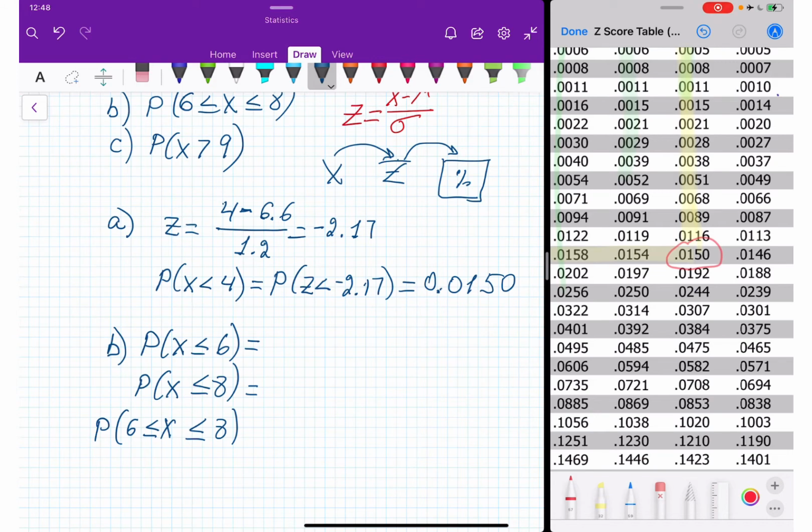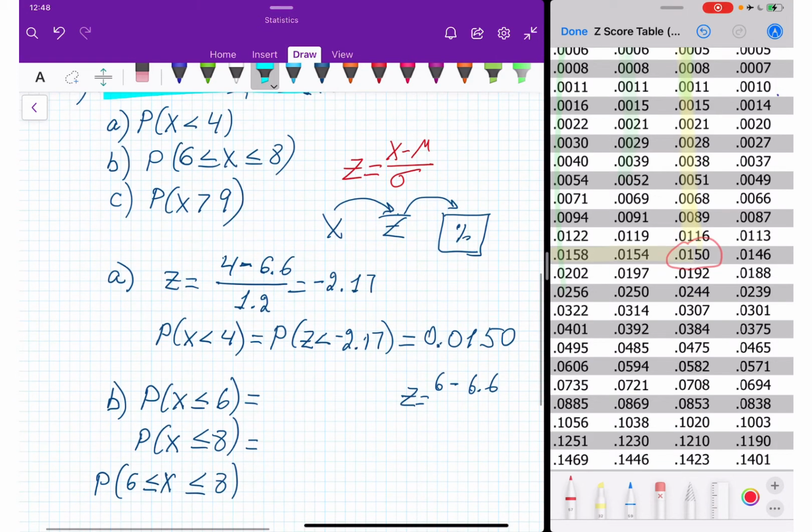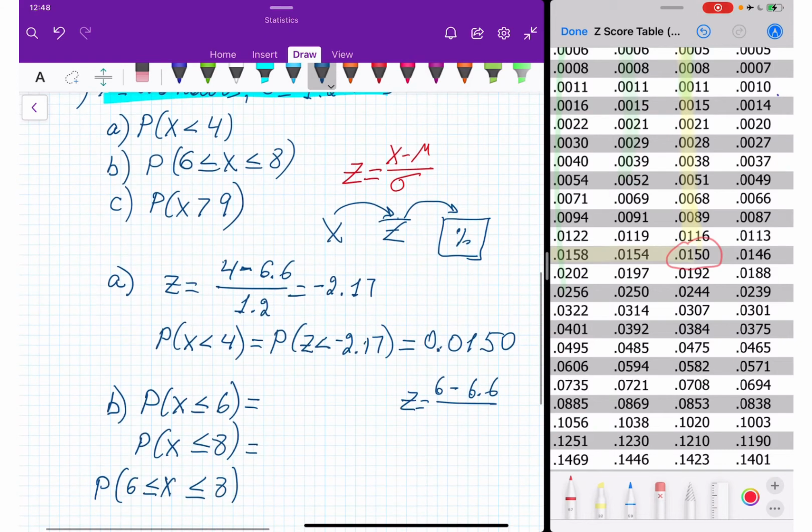So, the z-score here is equal to 6 minus 6.6 because the average and sigma are the same. And divided by, how much is it? 1.2.